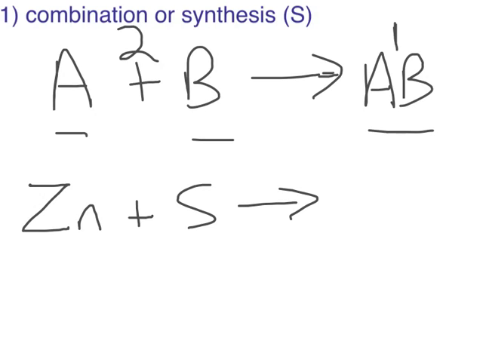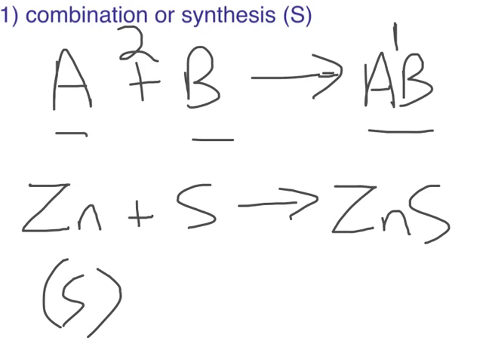Well, I'm going to get some sort of combination of those. First of all, you have to identify the fact that this is indeed a synthesis reaction. Once you've identified that it's a synthesis, because it has 2 reactants and neither one of them are compounds, they're both elements, then you can predict that the final product will be zinc sulfide.